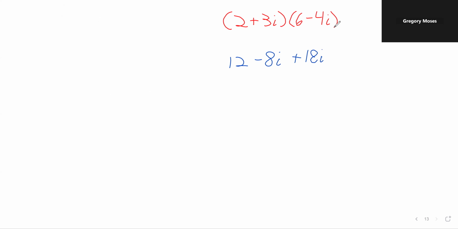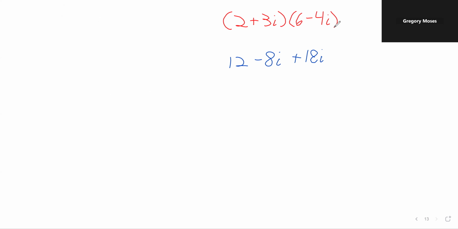Multiplying them, for example. We can do it, but it's going to be a hassle now, because to multiply complex numbers, you FOIL them as if you had a factored polynomial. So this 2 times this 6 is 12. This 2 times this -4i is -8i. 3i times 6 is 18i.